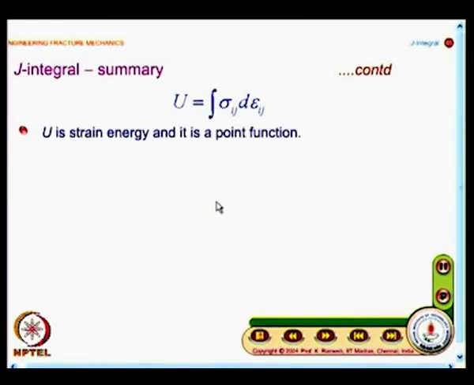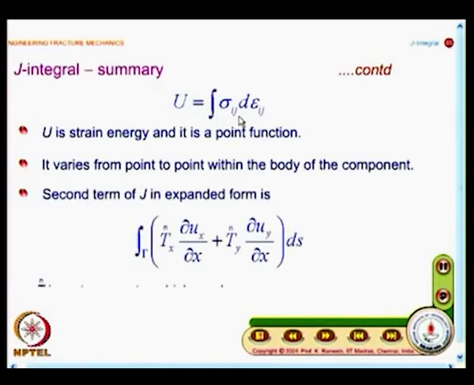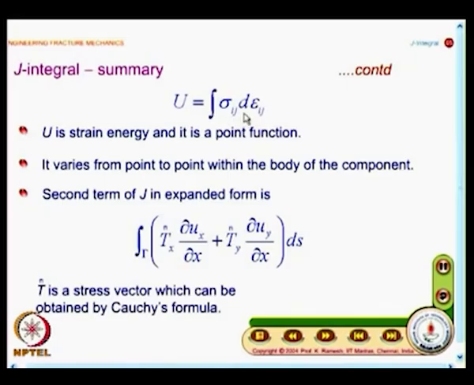So, before we do the calculation further, let us look at the terms a little more closely. The strain energy term is given as integral sigma ij d epsilon ij, and the traction term is expanded here. It was written as Ti ∂ui/∂x.